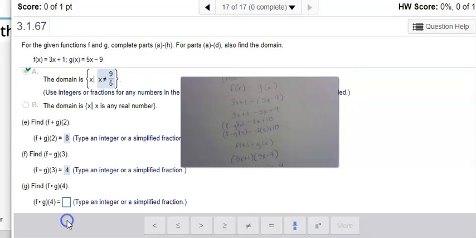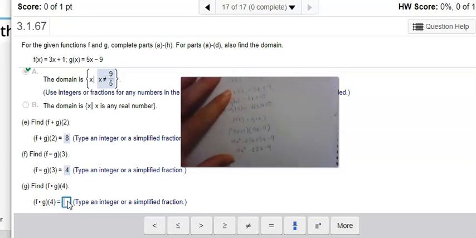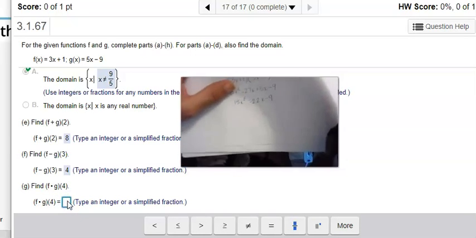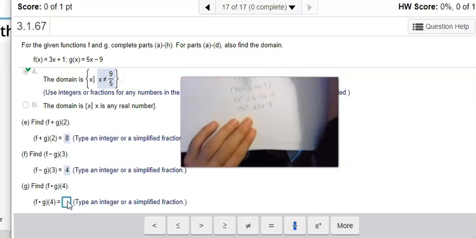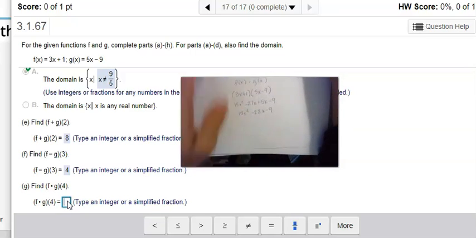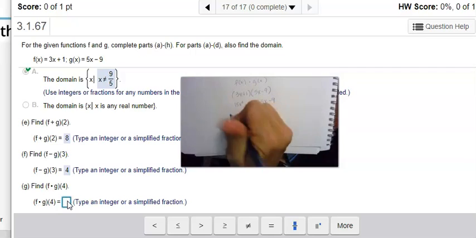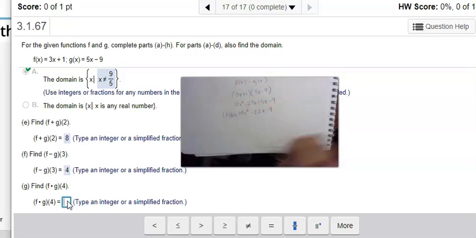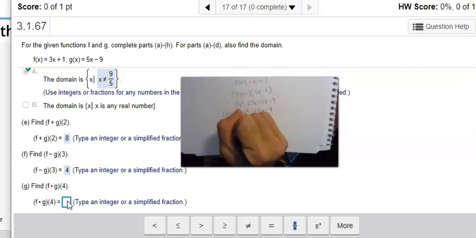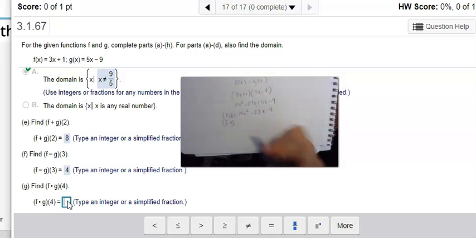And then f times g of 4, we're going to go back to this one here. This was f times g, remember? So this is what you call f times g of x. So f times g of 4, we may need to use a calculator here.